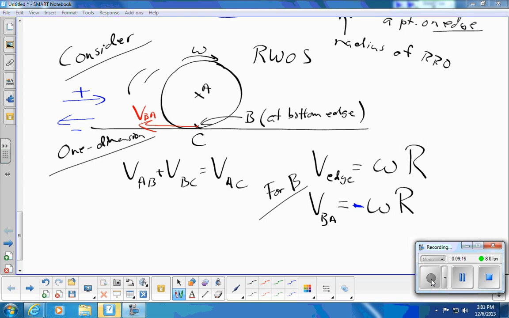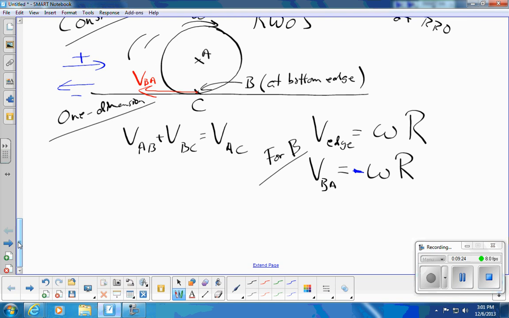So now, for reasons you'll see, I want to come up with what VAC is in terms of this stuff. So I want VAC, so I don't have to do anything with this equation. Do I know VAB and VBC? VAB is the velocity of the axis relative to the point B on the bottom of the wheel.